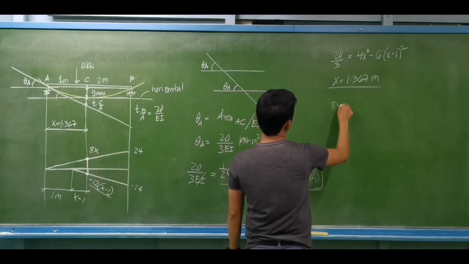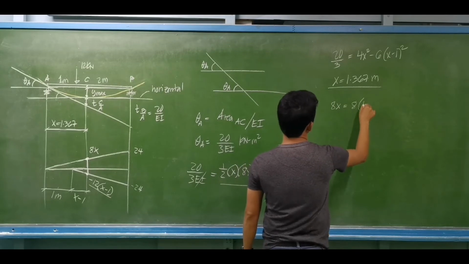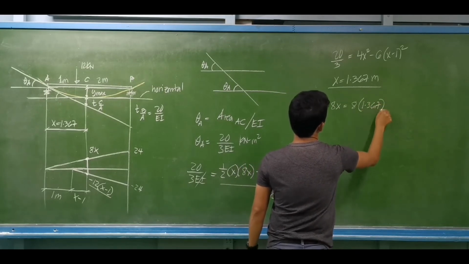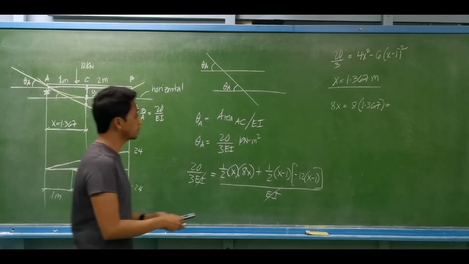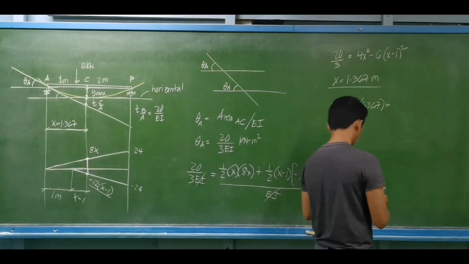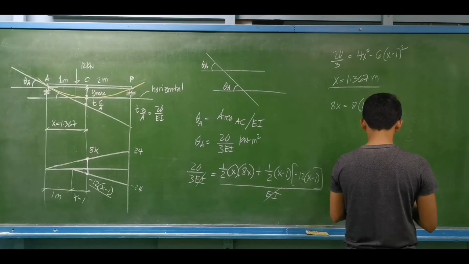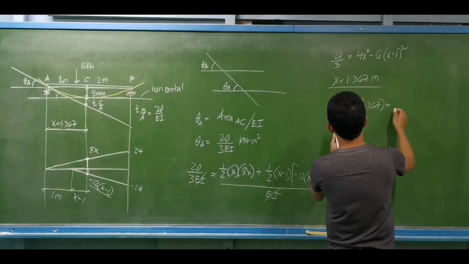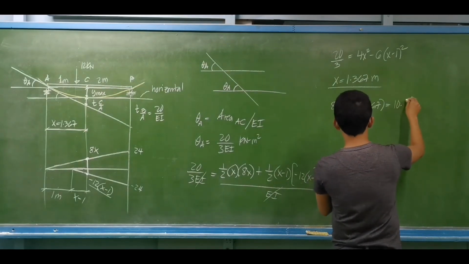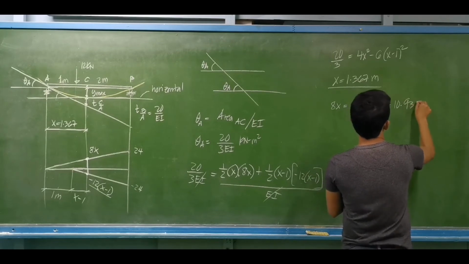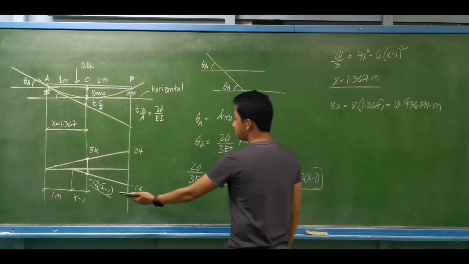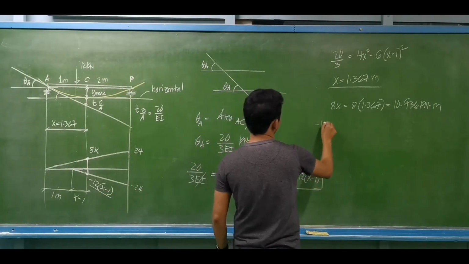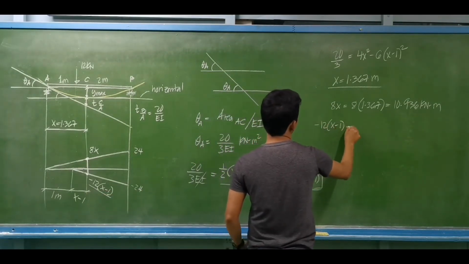Is equivalent of 8x, that is equal to 8 times 1.367, is equal to 10.936 kilonewton meter. About dito sa ilalim, and then negative 12 times x minus 1.